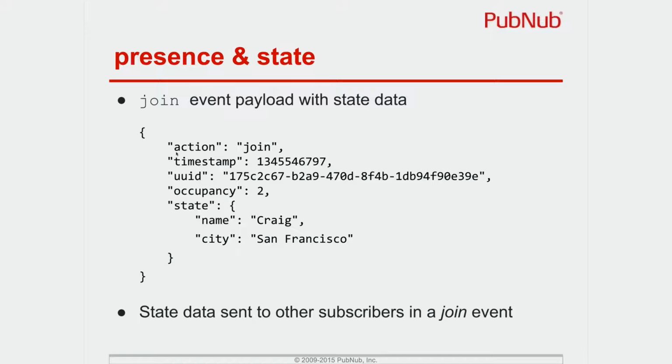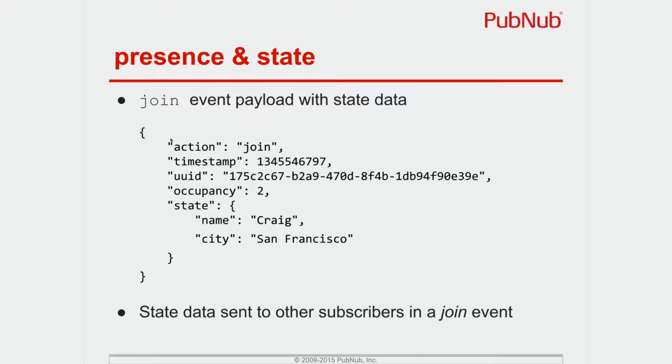Again, action denotes the particular action type or presence event type. The timestamp will give you an indication of when that event occurred. The UUID is the instance that caused the event to occur, and then we'll have occupancy. In this particular case, it's 2, and state.